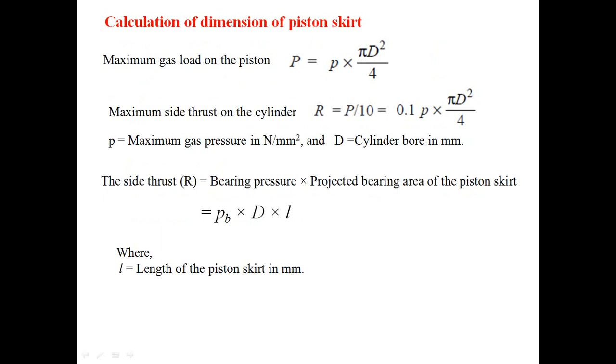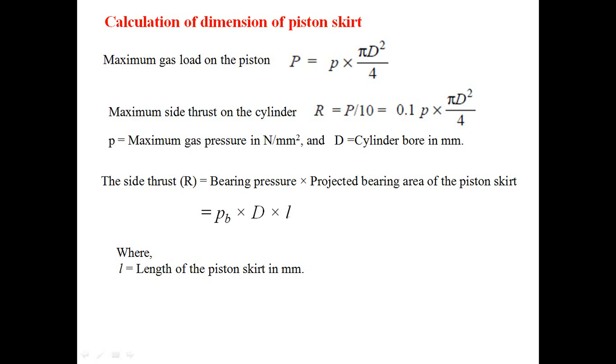The dimensions of the piston skirt can be calculated by using the relations given below. We know that P is the maximum gas load, that is P is equal to small p multiplied by pi by 4 D square. Basically, load is equal to pressure into area, where p is the inside gas pressure and D is the bore diameter. The value of thrust can be calculated.